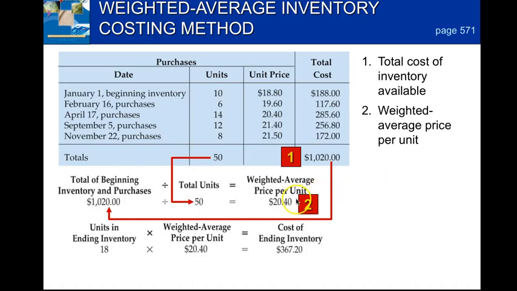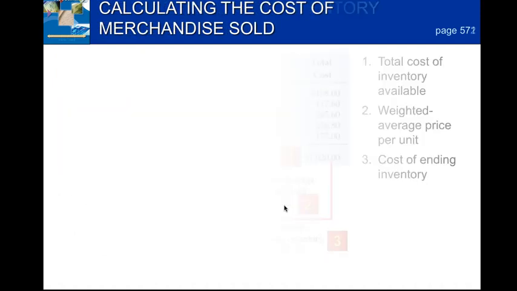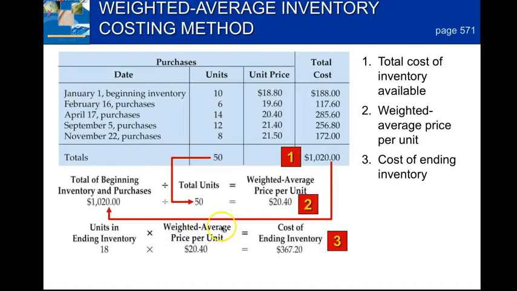And we got this number by dividing our total cost by our total units. So that gives us $20.40. Then we do our cost of ending inventory. So we have our $20.40. We had 18 units in ending inventory, so we multiply that out to get $367.20. So this is the weighted average.